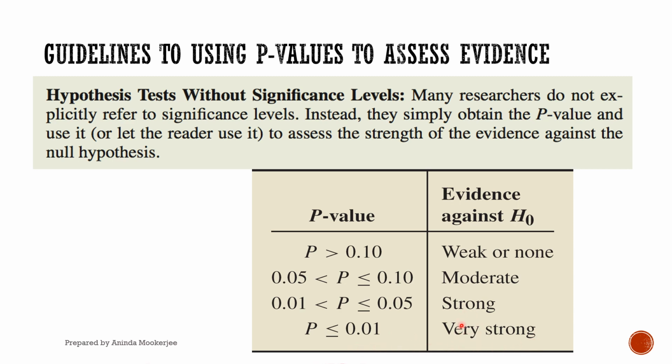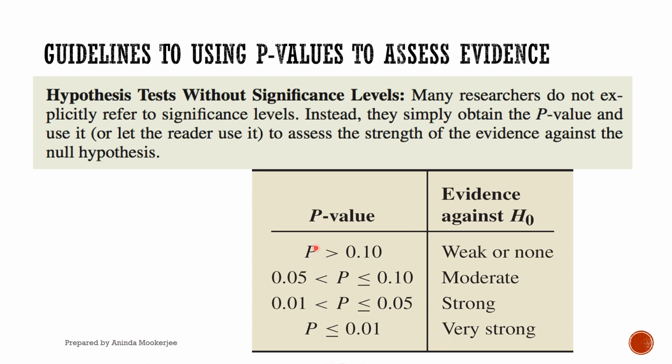So in the last two cases, when the evidence against the null hypothesis is strong or very strong based on the p-values, then we do not need to compare it with alpha. Sometimes statisticians won't compare it with alpha to come to a decision.